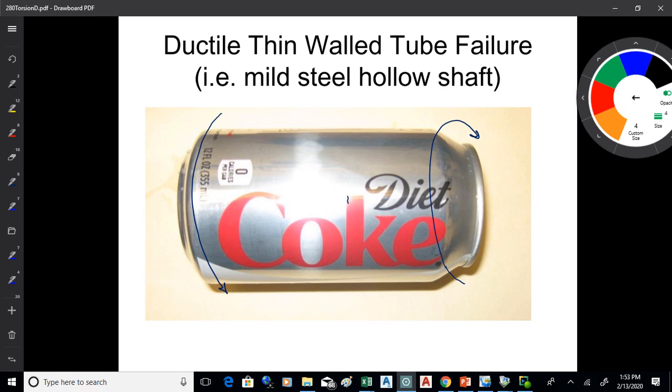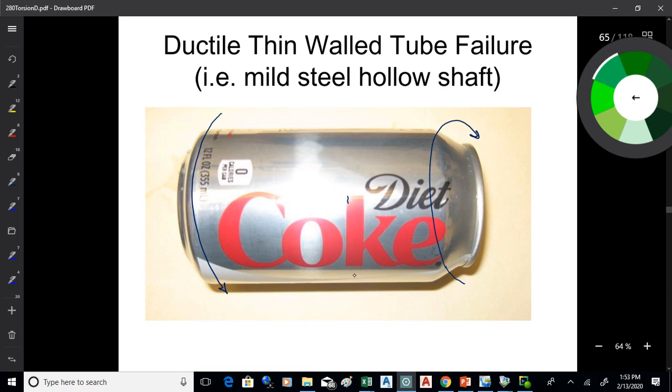All right, so let's just do the analysis here. This shear is going to go up or down, this one, based on the torsion I'm applying. Up. The other one will go down, the other two meet in the corners.